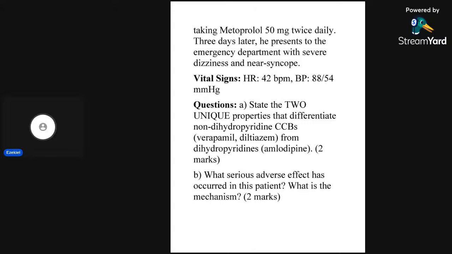So there are 2 drugs working in the same way to reduce contraction. So beta blockers and verapamil and the likes reduce contraction of the heart and give this patient bradycardia. When they say state 2 unique properties, I've done that. What serious side effect has occurred in this patient? It is bradycardia.